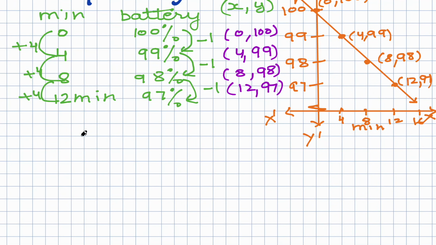When we are finding the slope, whenever we go up or go right, we will give a positive sign to it. And whenever we go left or down, we will give a negative sign to our slope value. Also, suppose I have to move from this point to this point, right?